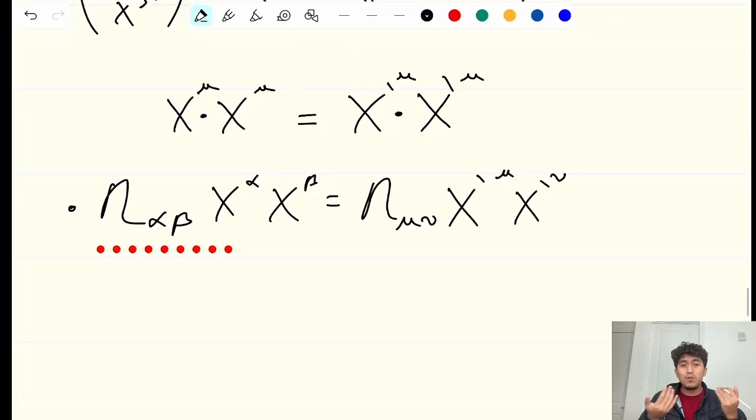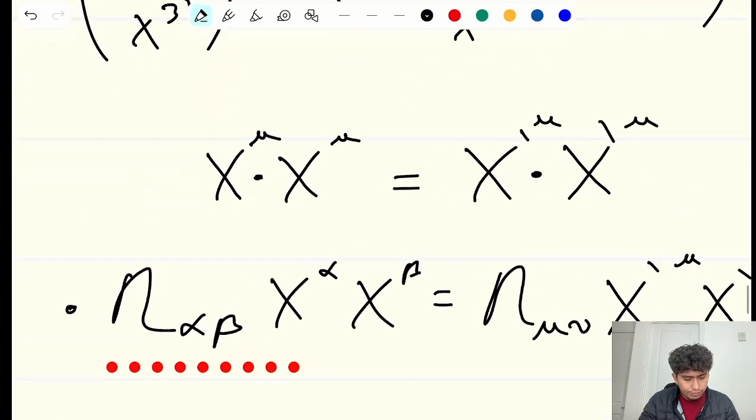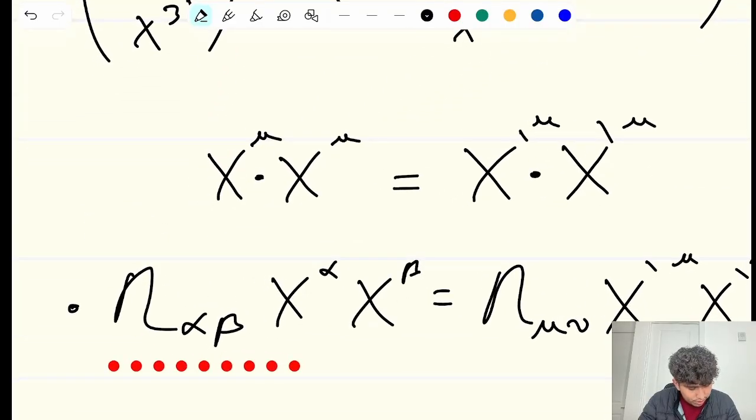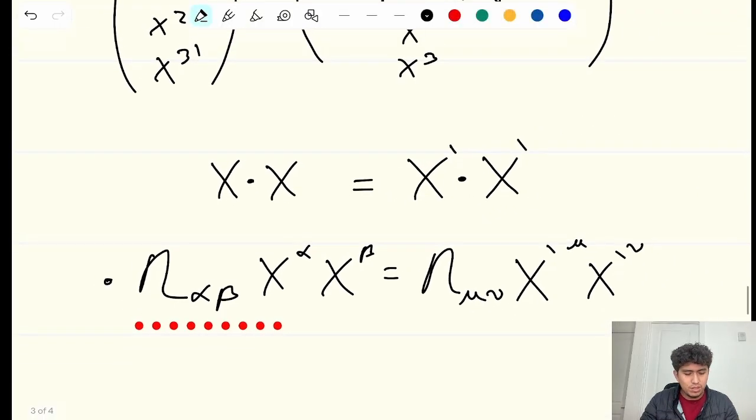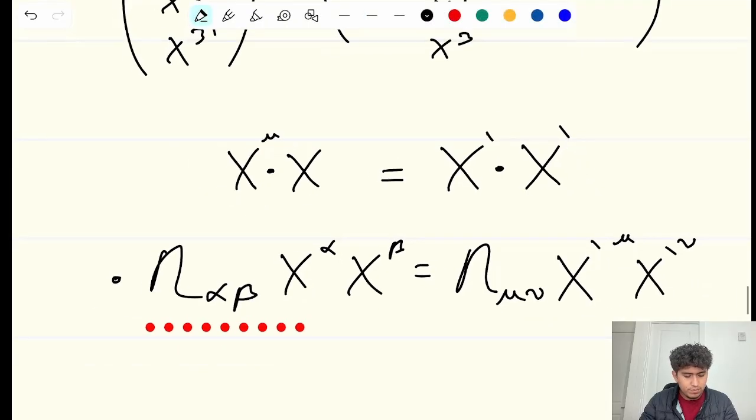As we saw before, we can use the Minkowski metric to write this correctly. You know the definition of the dot product. So you have two four vectors, the dot product.